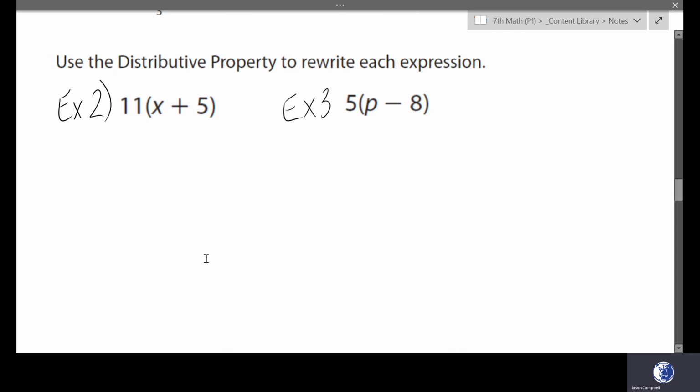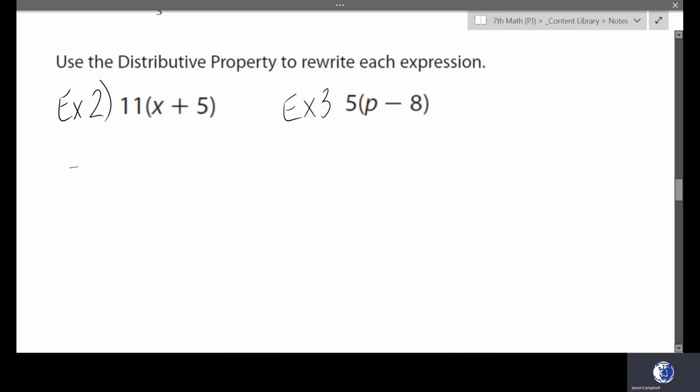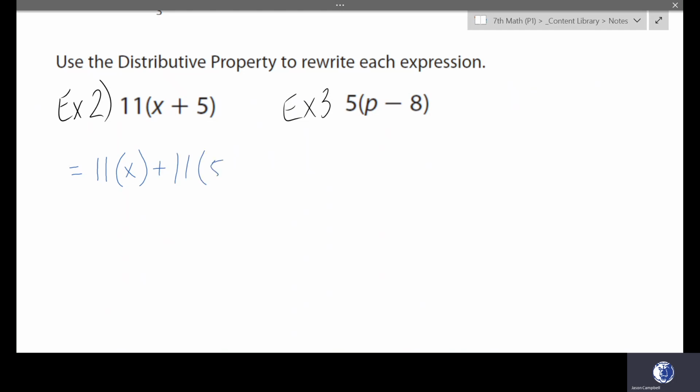In our example 2, we have 11 multiplied by x add 5. This is going to become 11 multiplied by x add 11 multiplied by 5, which is 11x add 55.